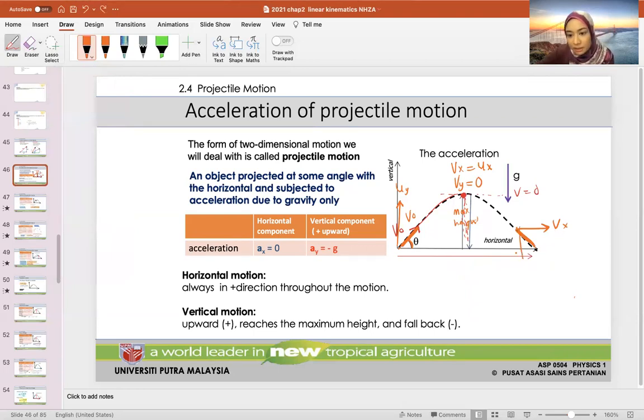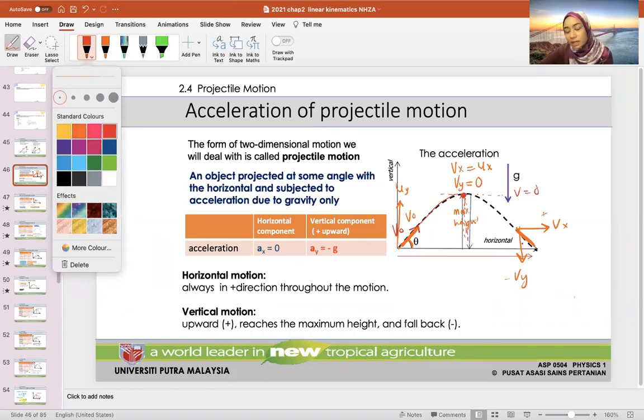So Vx and Vy. Okay, Vx is to the right, Vy is downwards. We know that this guy is negative. This guy is positive. The magnitude and the direction. And when the question asks you what is the final velocity, you have to give them a vector, which means that you have to give them the magnitude and also the direction.